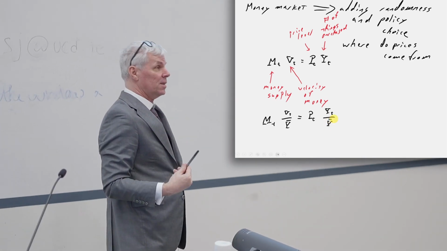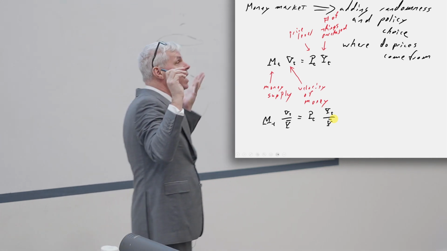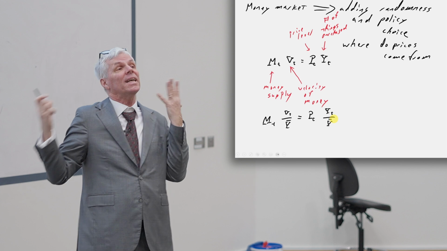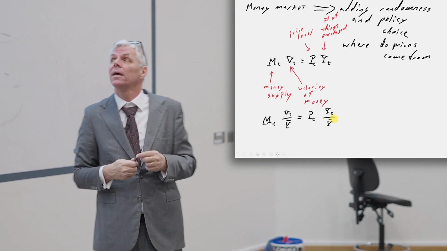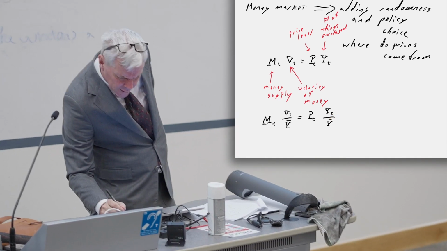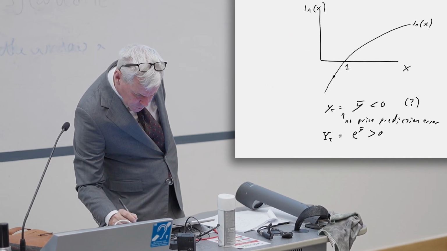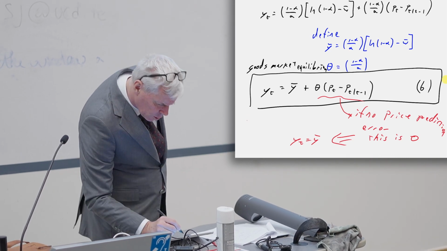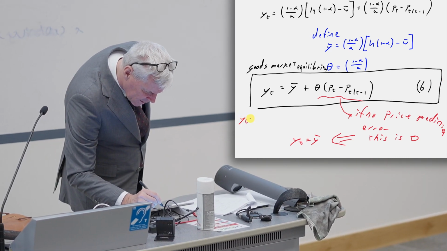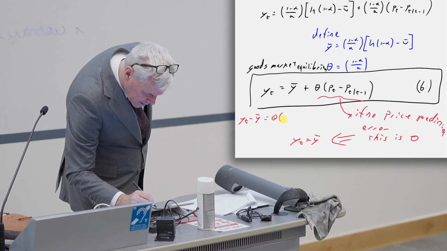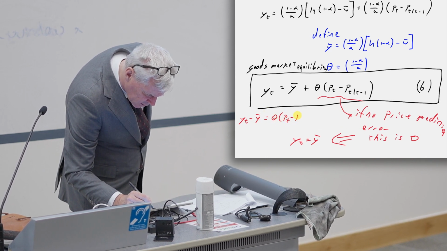Why am I doing this? I can do it. I can divide by anything I want. I can divide by a variable. I can divide by anything that's not 0, right? And I'm fine here. Well, the reason I'm doing it is because if we go back a page, well, 2 pages, we got this thing. And we can write this thing in terms of Y_t minus Y bar is equal to theta times P_t minus P_t given t minus 1, right?